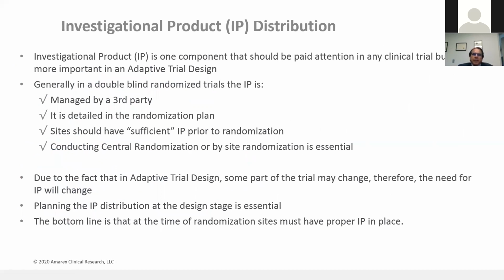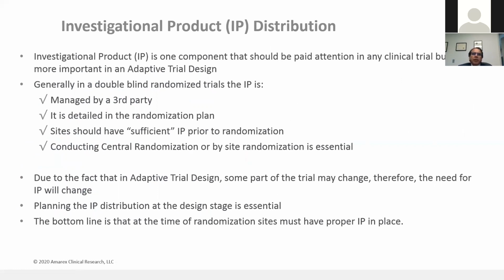The other topic that I said is investigational product distribution. The investigational product, or the IP, is one component that you should pay attention to at the trial design stage, especially if you are dealing with an adaptive trial design.